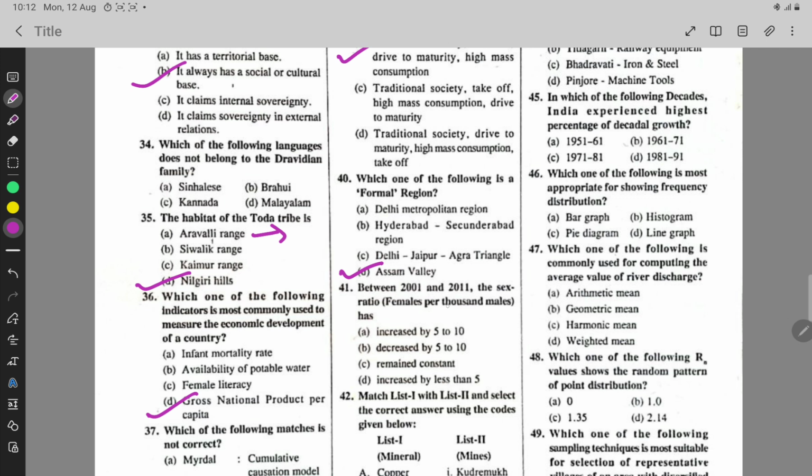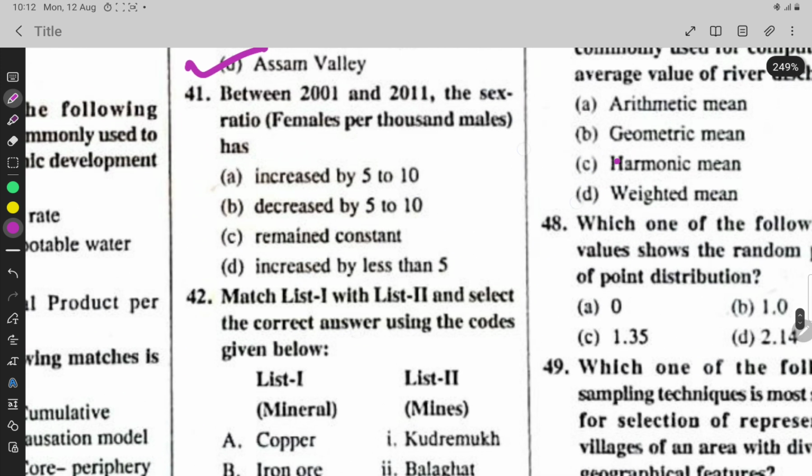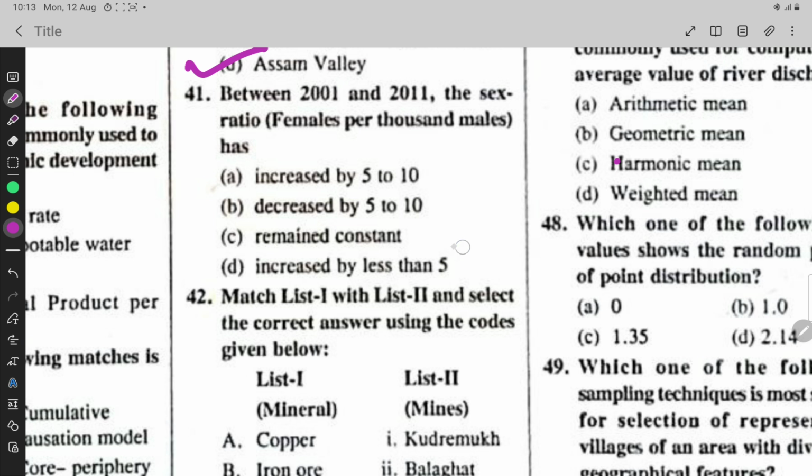Between 2001 and 2011, the sex ratio, females per 1000 males, has... In 2001 it was around 933 females per 1000 males, and in 2011 it became 943. So the difference is of 10. So the correct option is increase by 5 to 12.